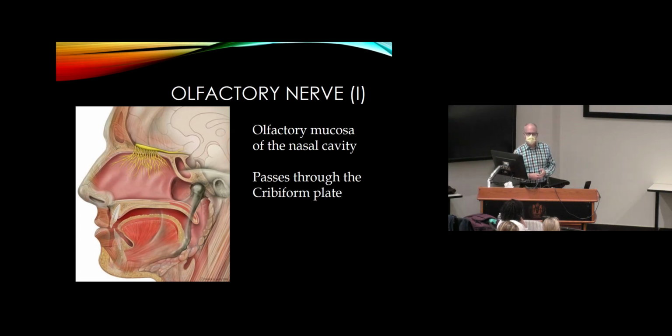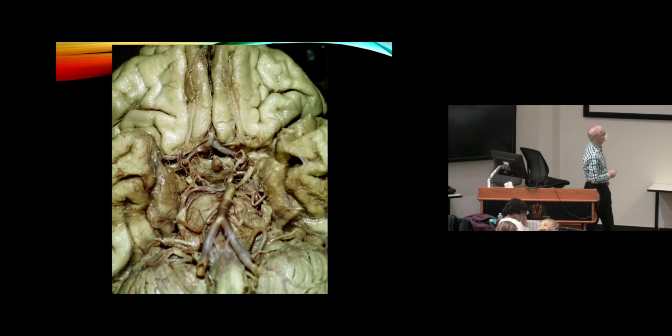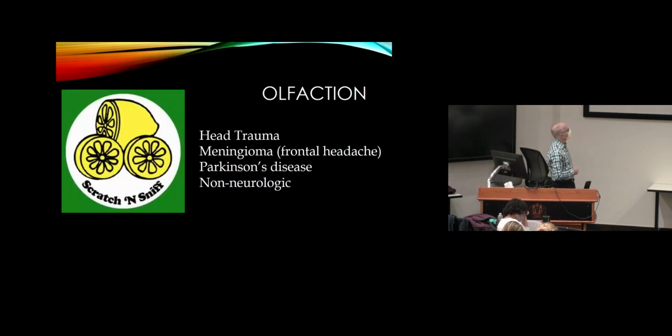It's head trauma, because when you hit your head in a car accident, you get shearing right here of the olfactory nerve fibers as they're passing through the cribriform plate. So we see loss of smell quite a bit after someone's had a head trauma. So again, olfactory bulb, tract, going back here to the uncus.